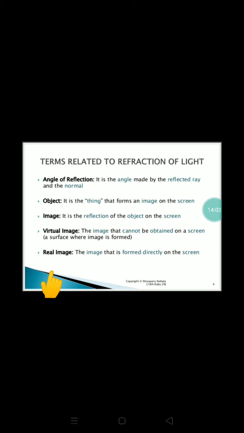A real image is the image that is formed, or that we can obtain, on a screen. Such images are called real images, and real images are always inverted. We will say like that: real and inverted, virtual and erect. If the image is virtual, it is erect. If the image is real, it is inverted.